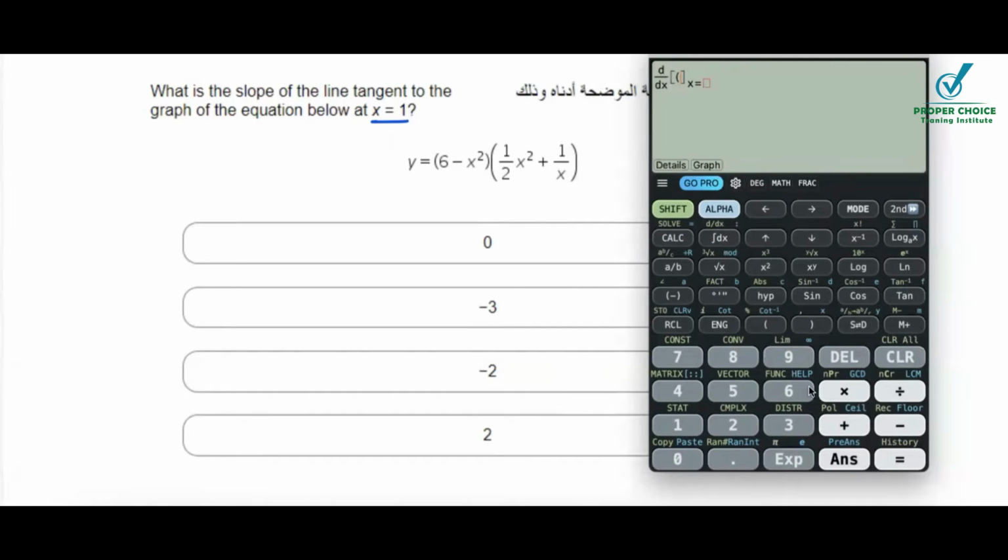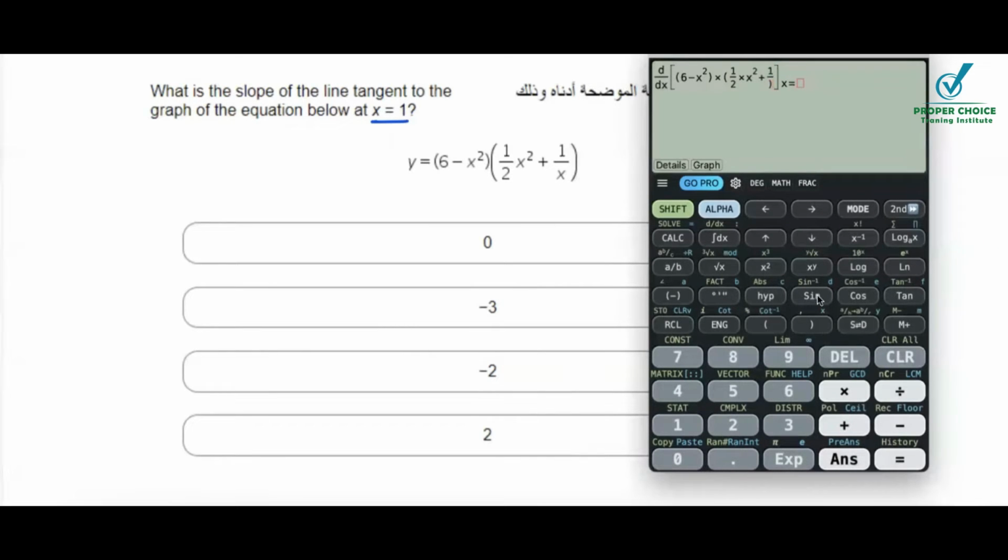Type this equation as it is: 6 minus x square, close the bracket, times 1 by 2 times x square. I'm just typing that equation as it is, plus, sorry, 1 by x.